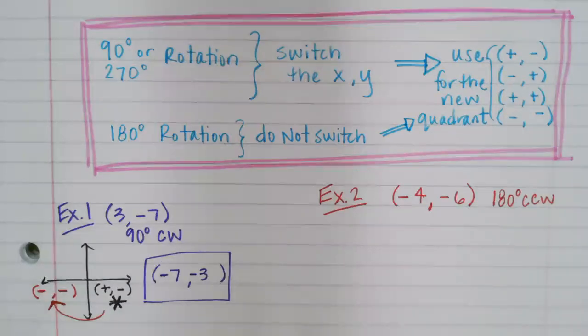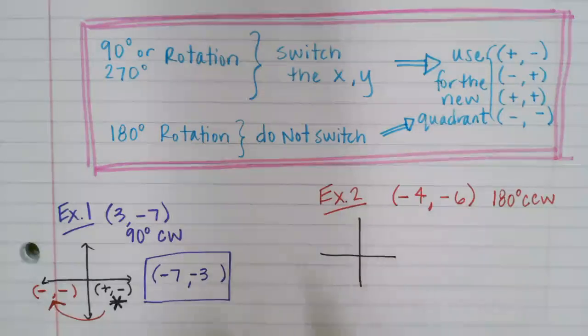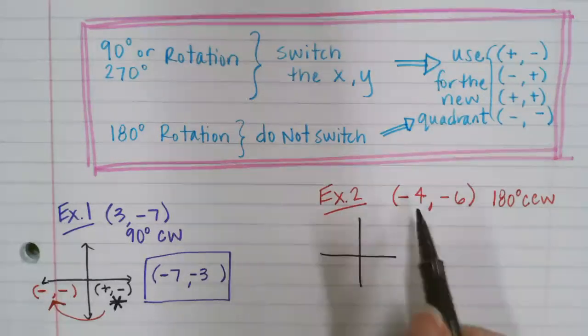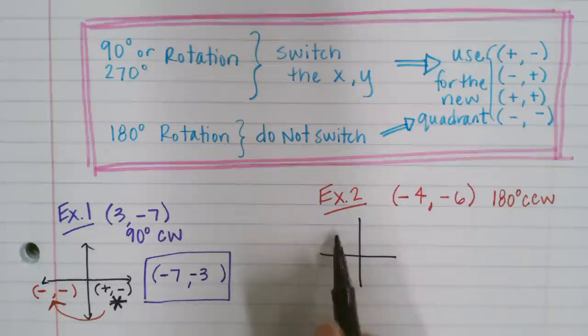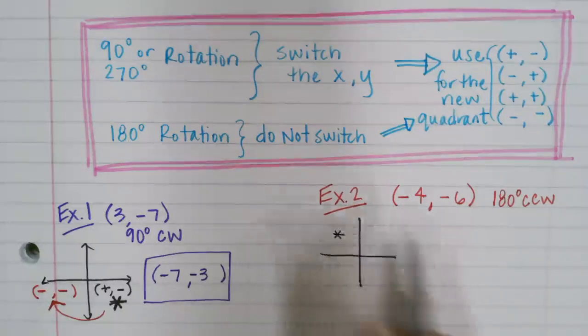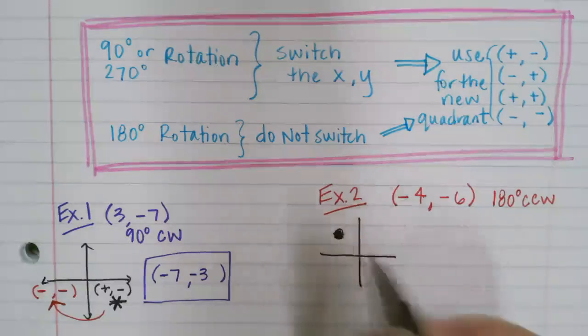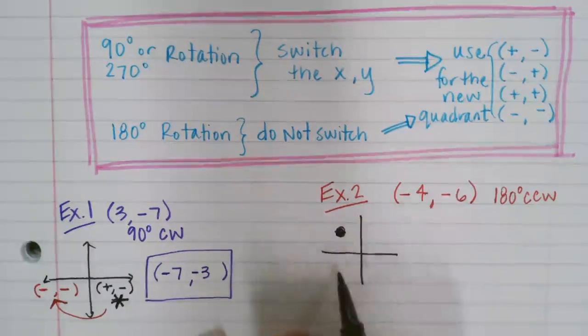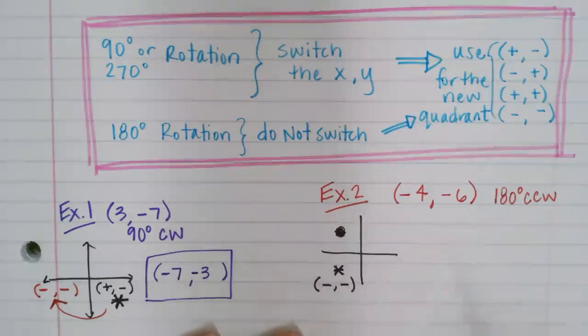All right, so I'm just going to sketch myself a little graph here. We don't have to be too fancy. So -4, -6 is going to start out in this quadrant right here. So this quadrant, oh, sorry, no, it's not. -4, -6 is starting in this quadrant right here. So this quadrant is negative, negative.